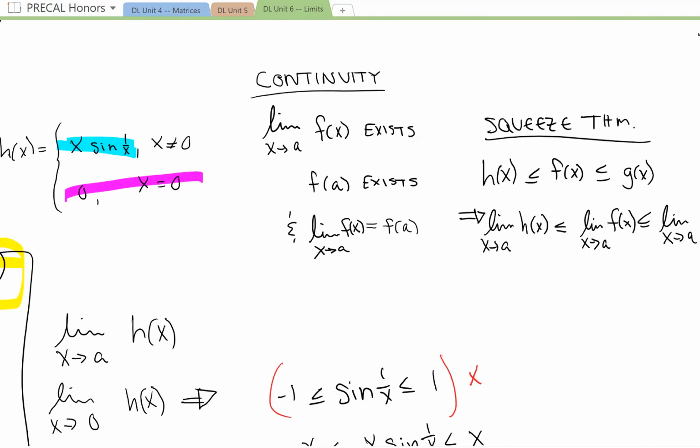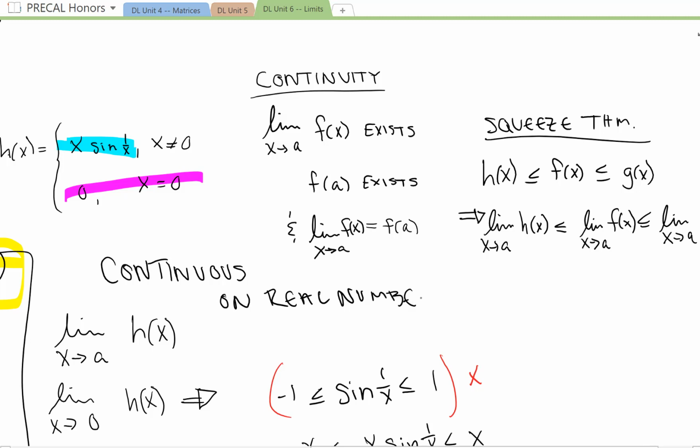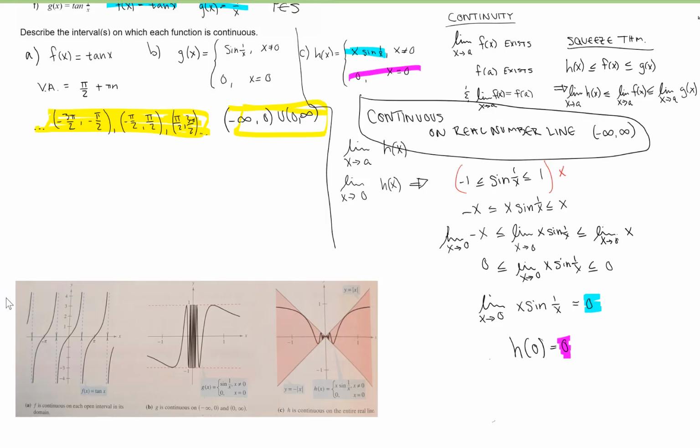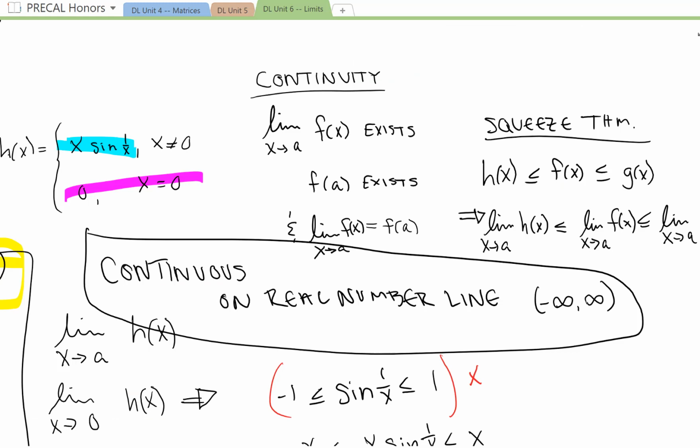This is a continuous function for all real numbers. Or you can say negative infinity to infinity as well. And graphically, you can see that this does line up with our intervals of continuity. And that is testing for continuity.